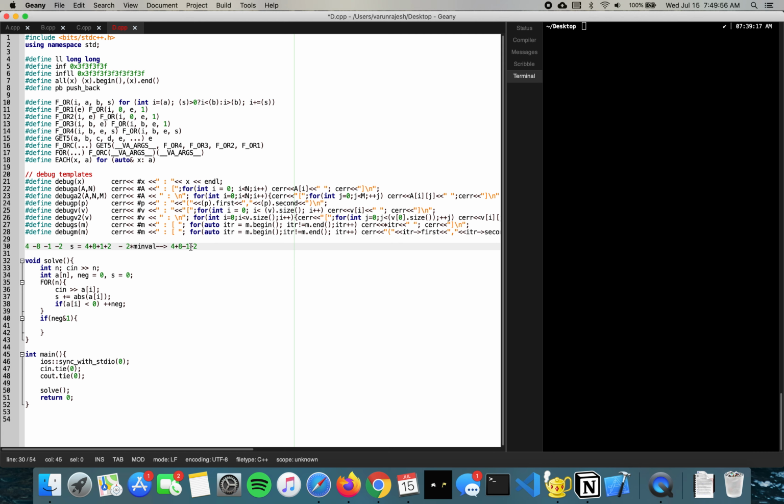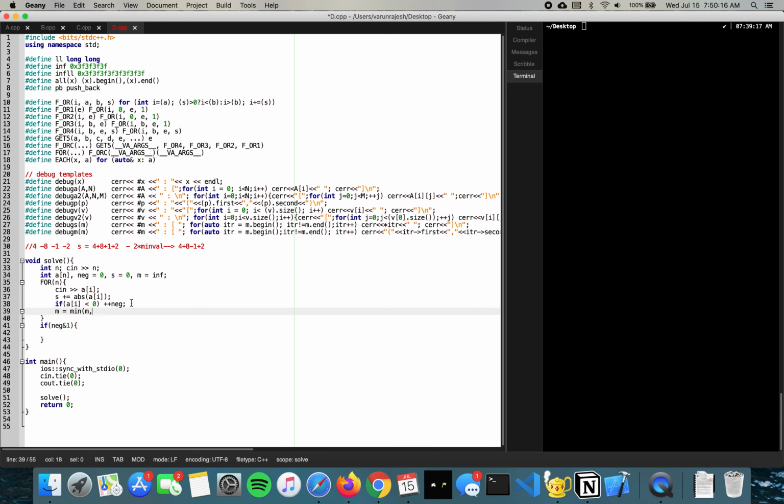We can also keep track of the minimum value at the same time. I'll call it m, starting at infinity, and the minimum value is the minimum of m and the absolute value of a_i. Then our answer would be s minus 2 times the minimum value, and then we output s.